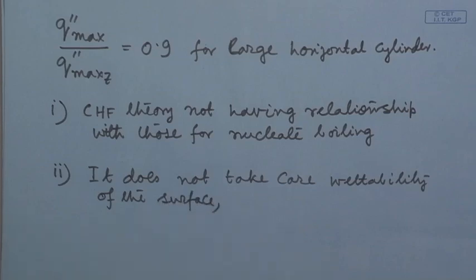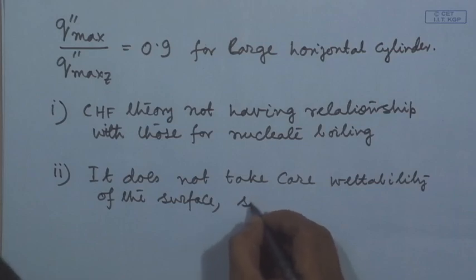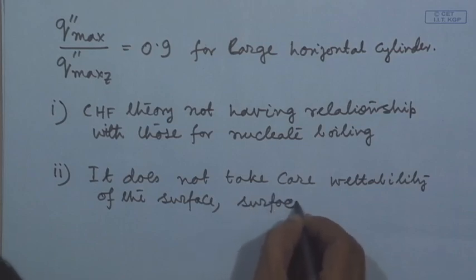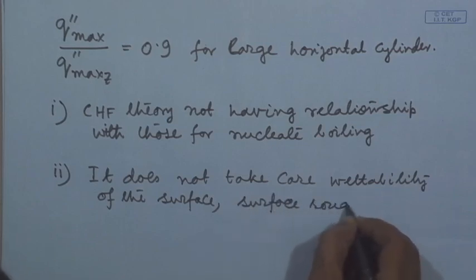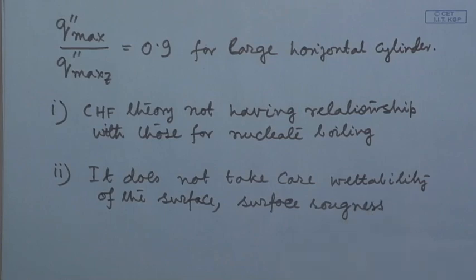Then it does not take care of the surface roughness. These two parameters are of paramount importance in the case of nucleate boiling, but the critical heat flux theory does not include them. So, obviously, these are the weaknesses or limitations of the hydrodynamic theory of critical heat flux.